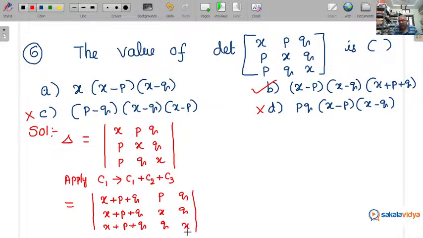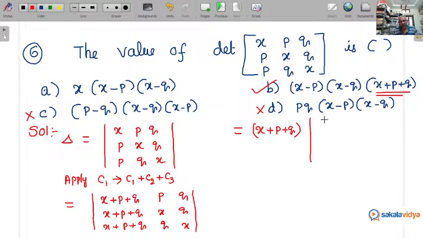One more very important property is there: from any row or any column, the common element can be taken out. What is the common element here? X plus p plus q can be taken common out. It is one of the factors, which means obviously B is the right option. Without doing further steps, we can expect B is the right option.